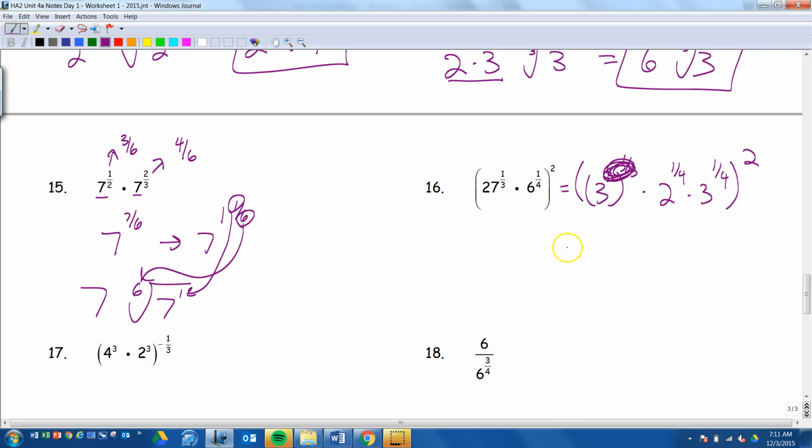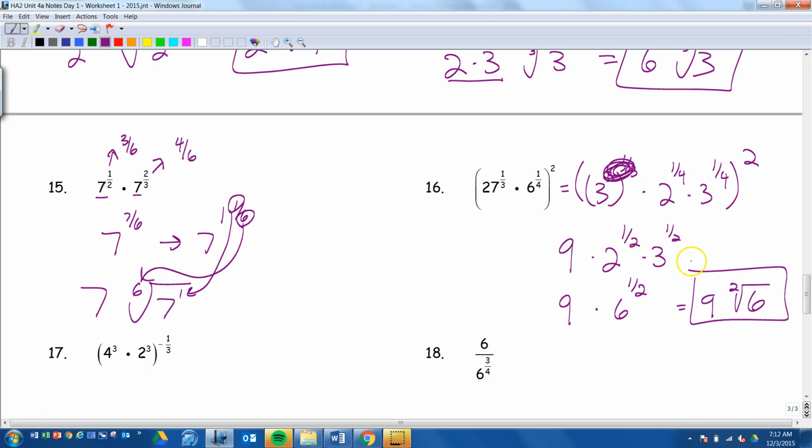So 3 squared is 9 times 2 to the 1/2 times 3 to the 1/2. We can put these back together because they are the same exponent and say we have a 9 on the outside and a 6 to the 1/2. You can only multiply numbers together if they are the same exponent, or you can combine them if they're the same base by adding the exponent. You cannot multiply like these two together just because you want to. Okay, this doesn't work. So we can rewrite this in radical form. We have 9 and then the square root of 6. And you can put a 2 there if you want, or you don't have to. It's up to you.